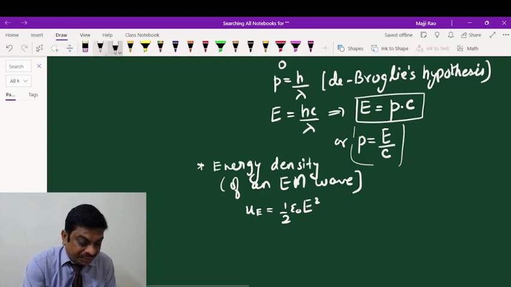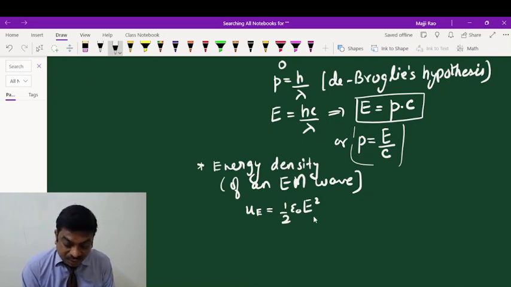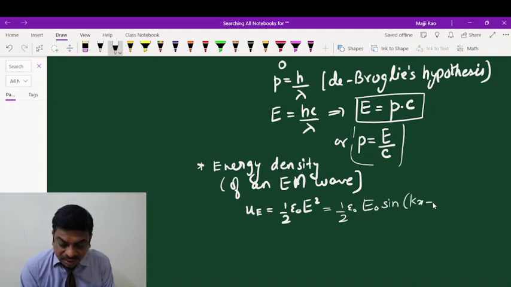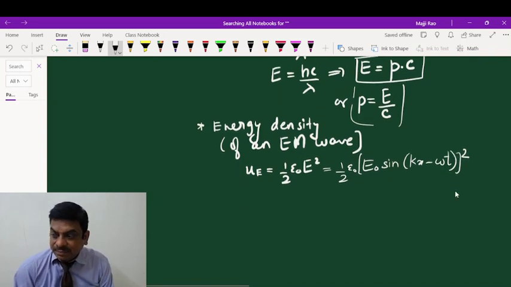You might have come across this earlier in the capacitor chapter. Now, this E is actually the peak value multiplied by sin(kx minus omega t), assuming that the wave is going along the positive x direction.